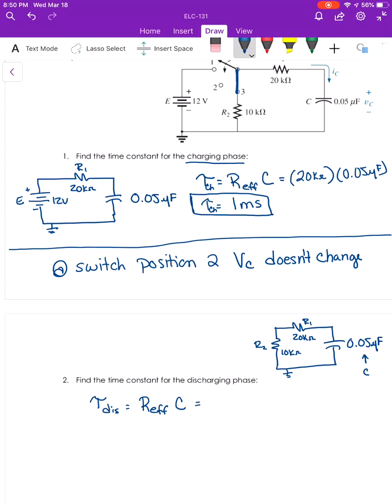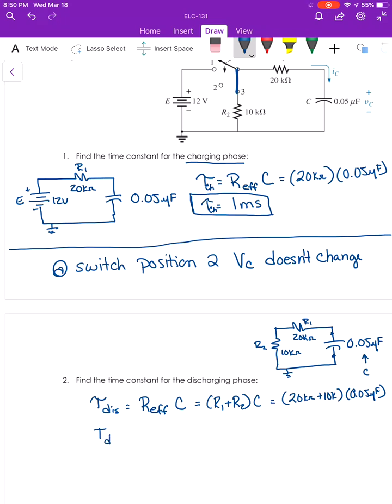If we looked at the total resistance of the circuit outside of that capacitor, we'd see R1 and R2 in series. So we're going to take those both and multiply by our capacitor: 20K plus 10K times our capacitance of 0.05 microfarads.